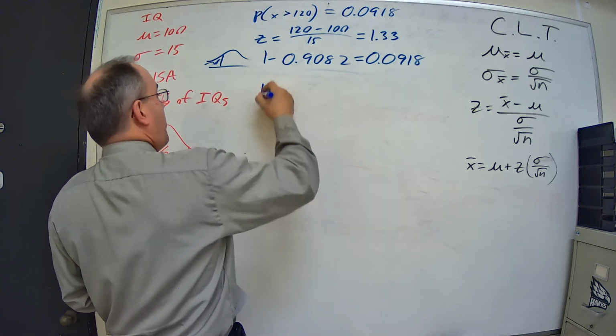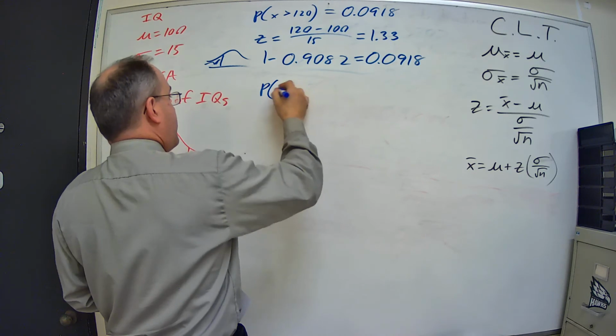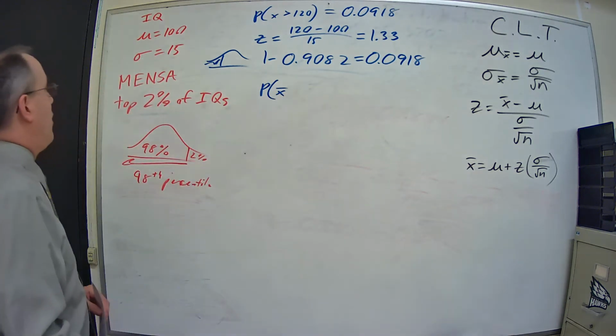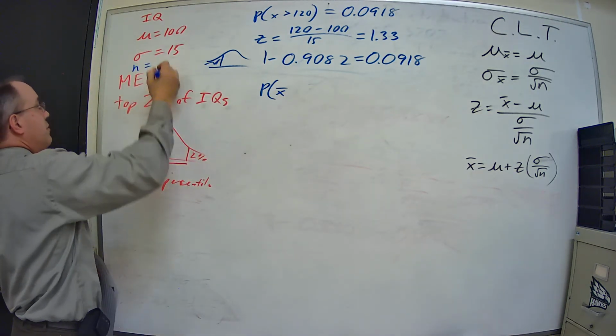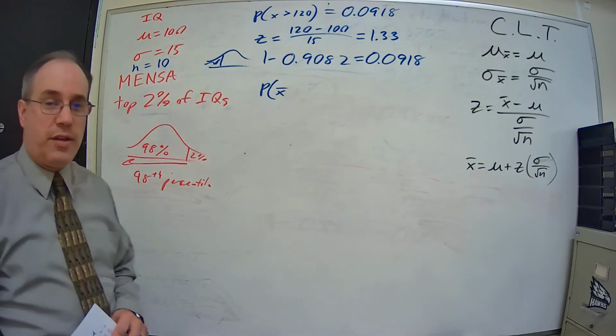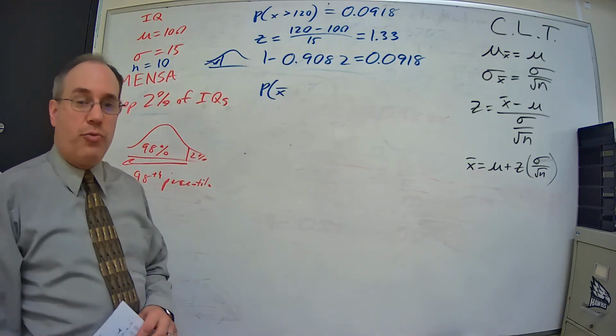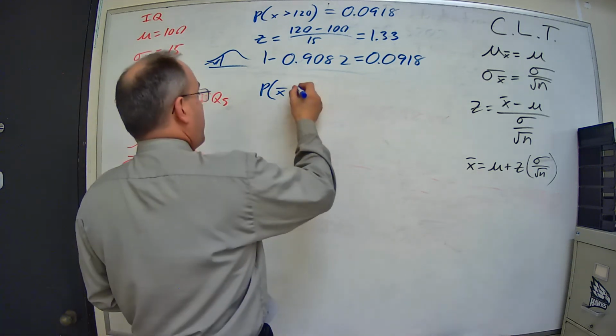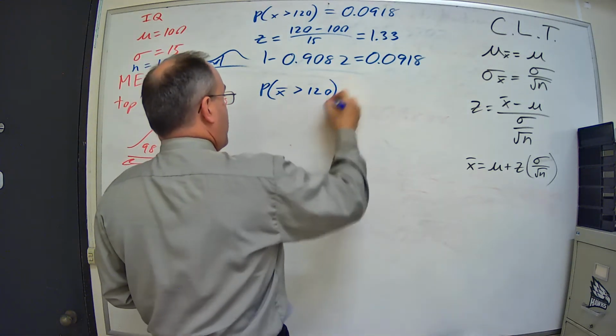What is the probability that if I take a sample of 10 individuals, their average IQ will be greater than 120?